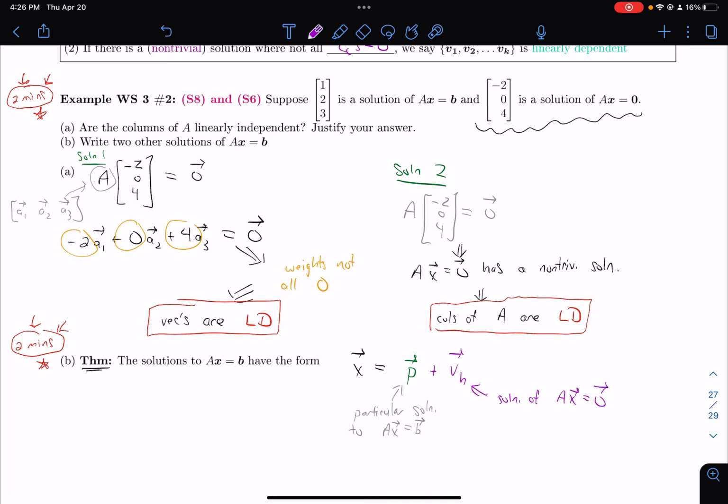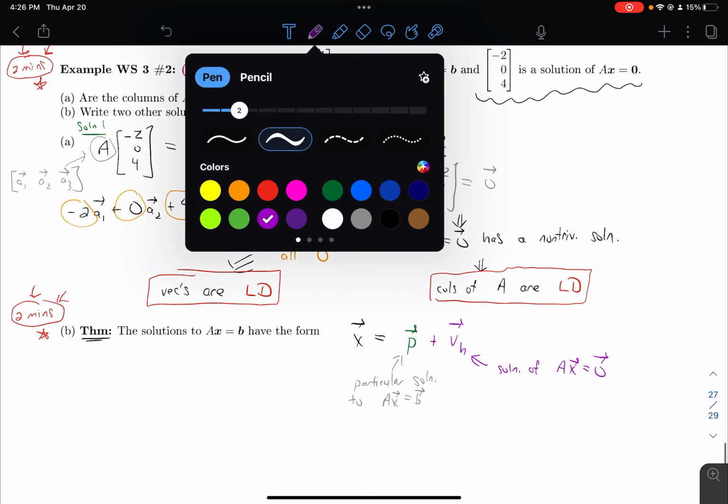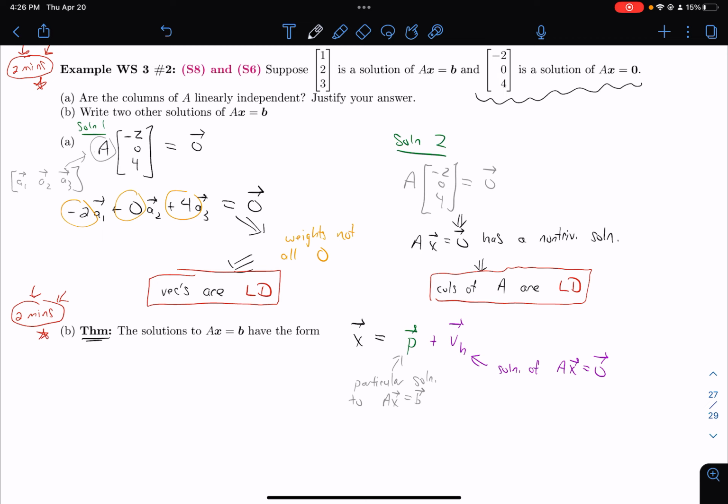Based on what's given to us in the problem, we know one of the solutions to the homogeneous equation. It is this vector (-2, 0, 4). So we know that (-2, 0, 4) is a solution to the equation Ax equals 0, to that homogeneous equation.